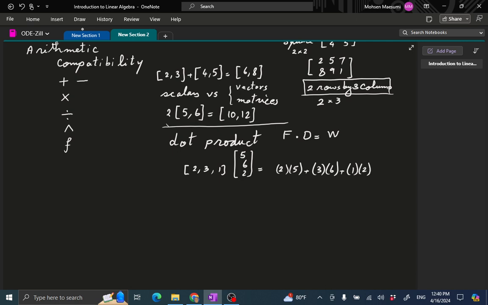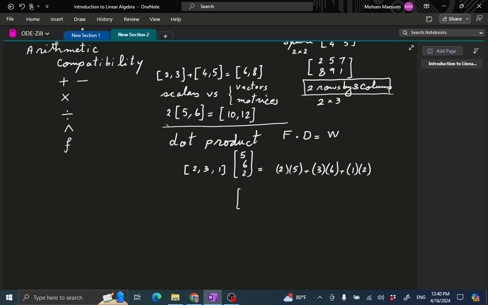So one explanation for this peculiar kind of multiplication is the following. Suppose you want to buy several fruits, say apples are 5 cents, bananas are 6 cents, and oranges are 2 cents.